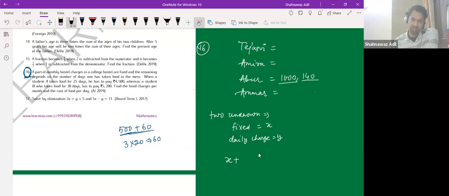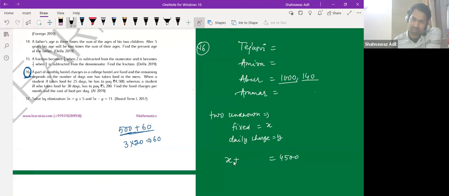So what would be the price for 25 days? 4,500. 4,500 is the total cost, right?